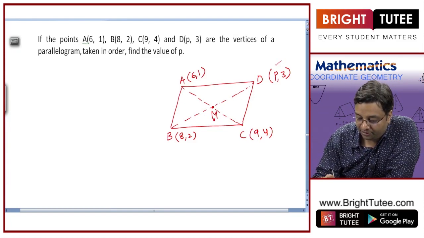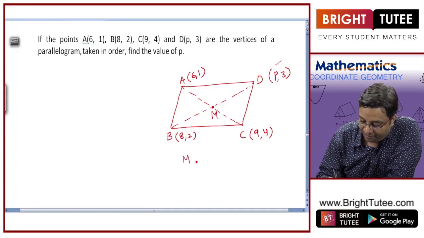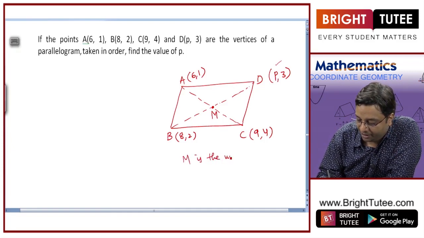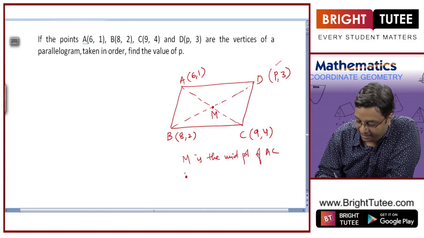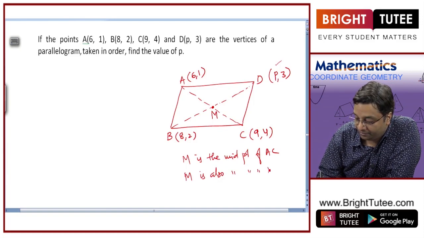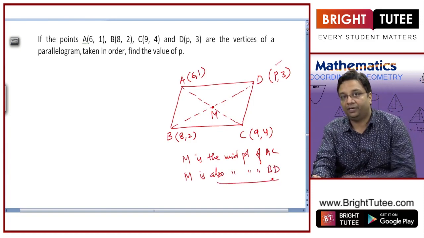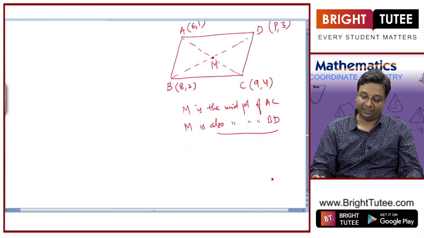So I can say M is the midpoint of AC and M is also the midpoint of BD. So this is the property of the parallelogram, the diagonals bisect each other.